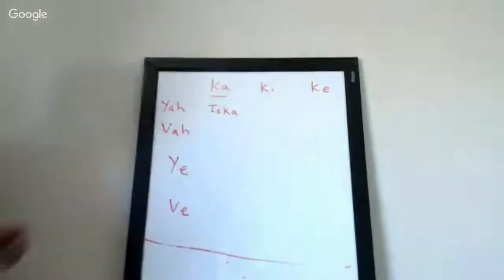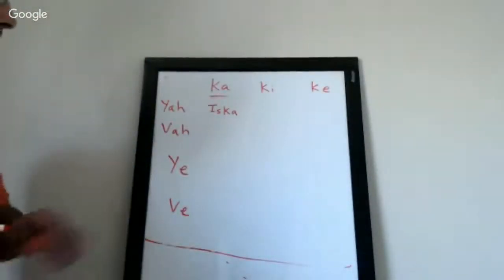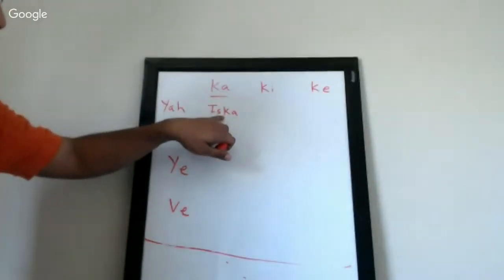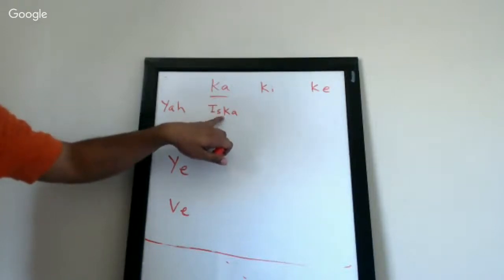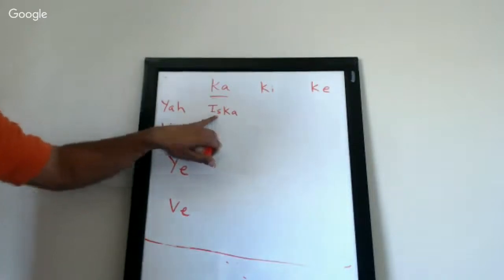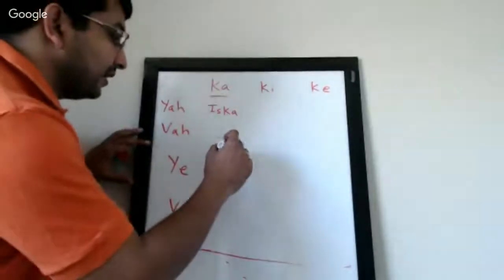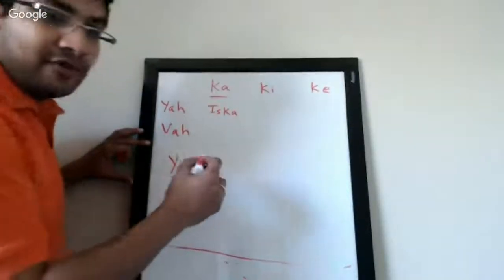So it will be iska, right? Similar to isme, there can be an object in between, is class ka, right? Is bacche ka, right? So let's say the boy is missing, and you want to say, what's the name of this boy?